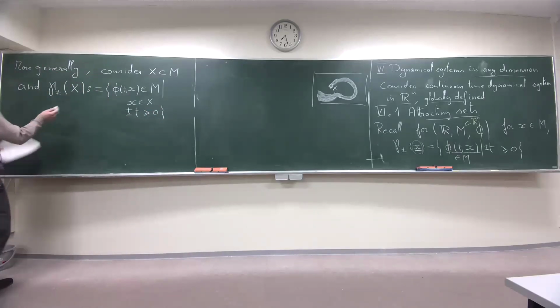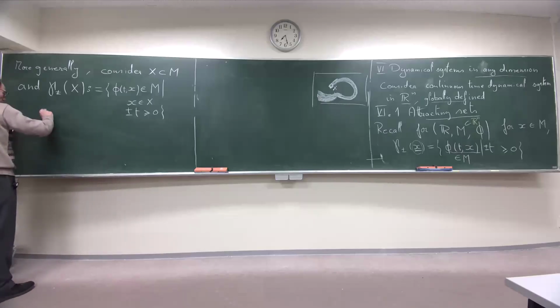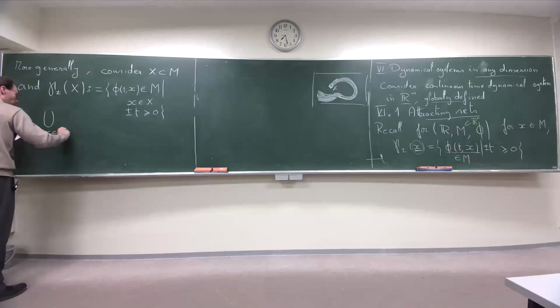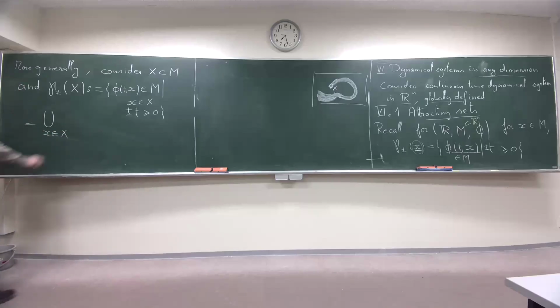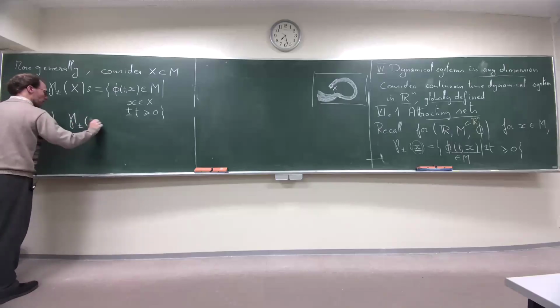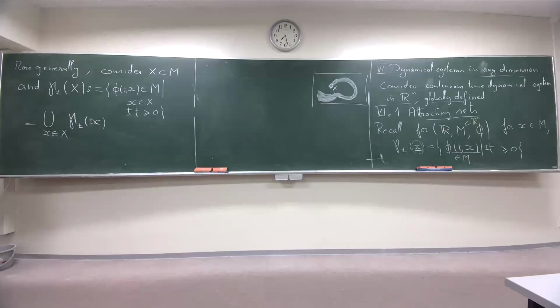Of course, you can immediately observe this is nothing but the union over all x in X of gamma plus minus of x. So it's a bit trivial, and at this level I haven't gained so much. What will be important is when we look at the limit set. The limit set will be richer.